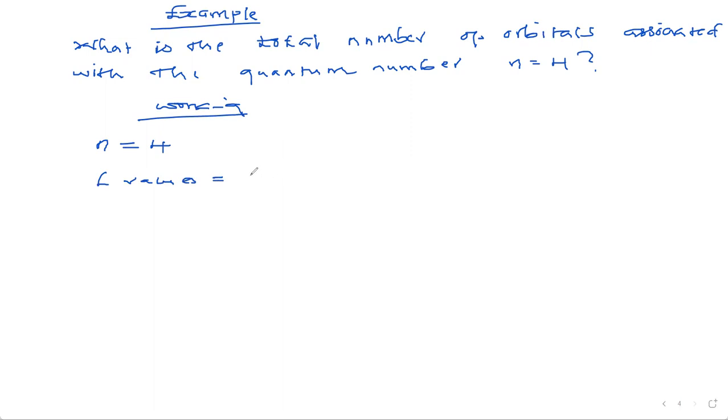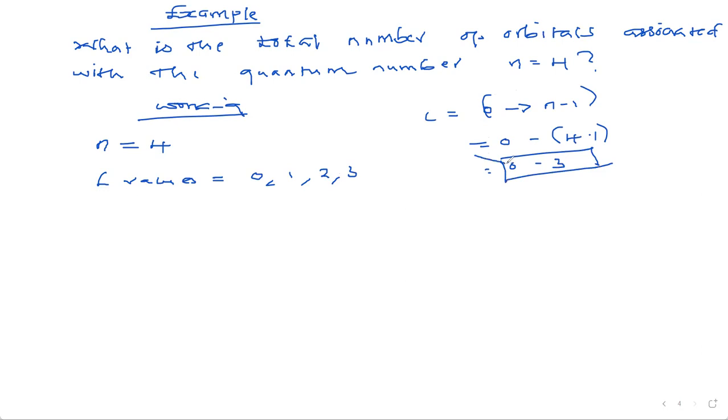So the L values will be equal to 0, 1, 2, and 3, because the range for L is 0 all the way to n minus 1, meaning 0 all the way to 4 minus 1, which is equal to 3.